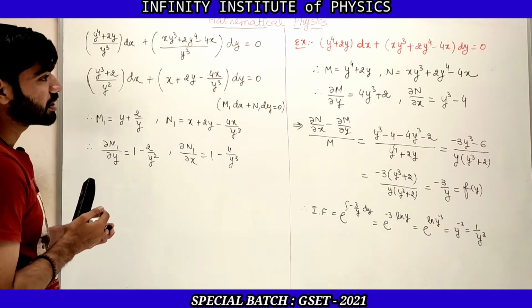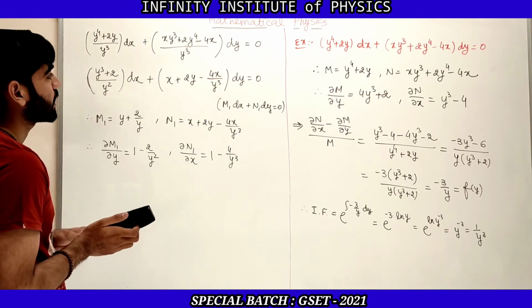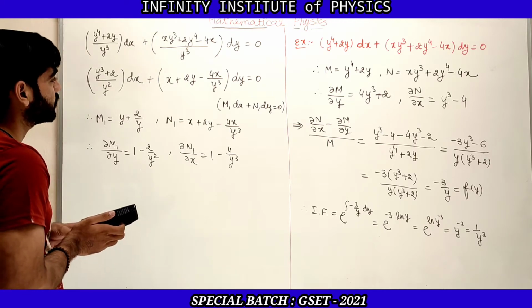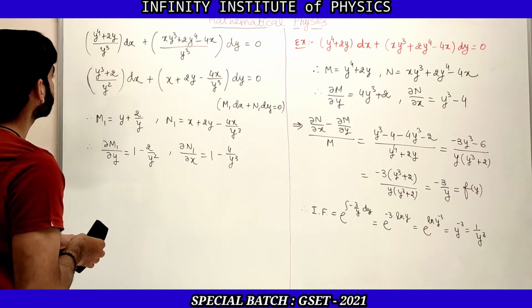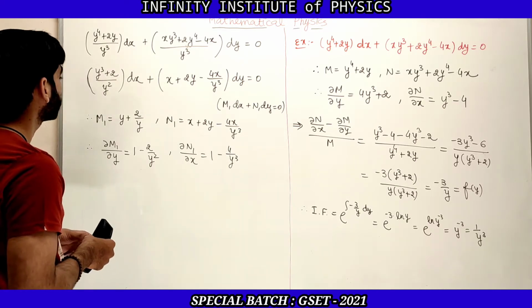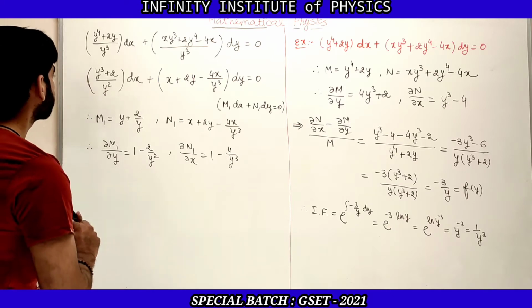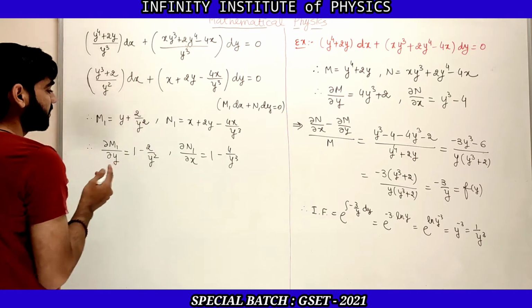Let me check whether there is any mistake or not. Minus 4x by y cube, here we have 2y, here it is a case of 2 by y square. Yes, here it is 2 by y square, not 2 by y.